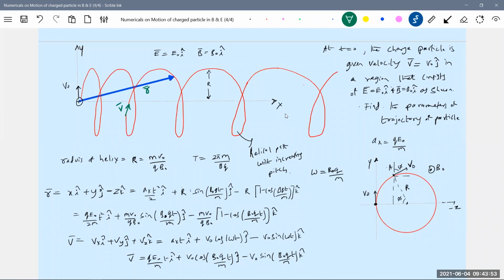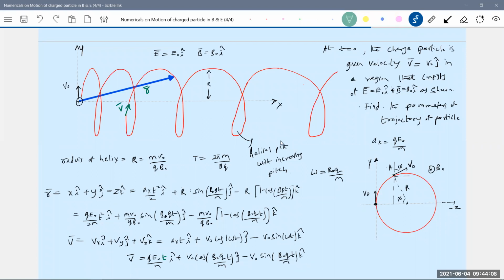Now I'll ask you one primary question. Speed of particle, will it increase or decrease with the time? Who will answer this?